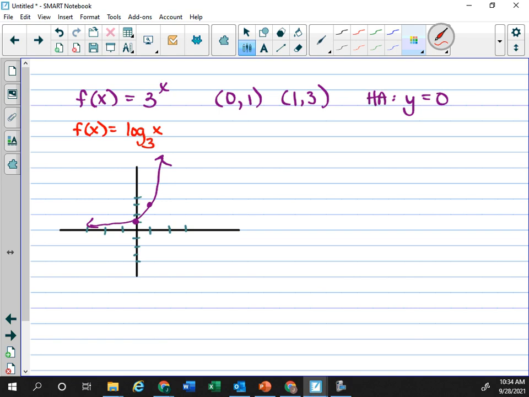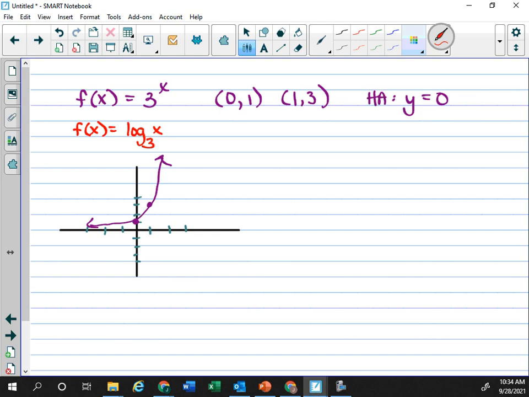So logs and exponentials are inverses of each other. What does it mean if things are inverses? We've done inverses already this year. It's reflected across the line y equals x. Yeah, you're reflected across that diagonal line. Good. And we'll see that when I graph it here.